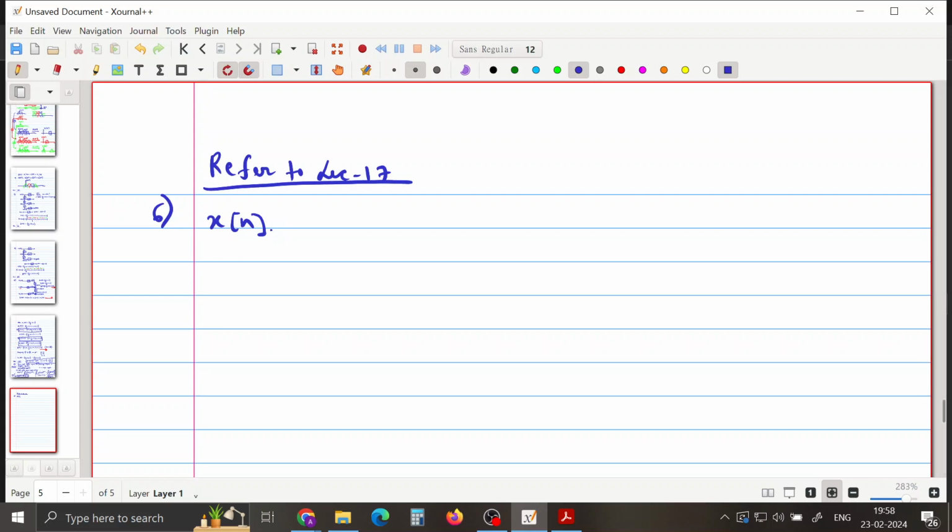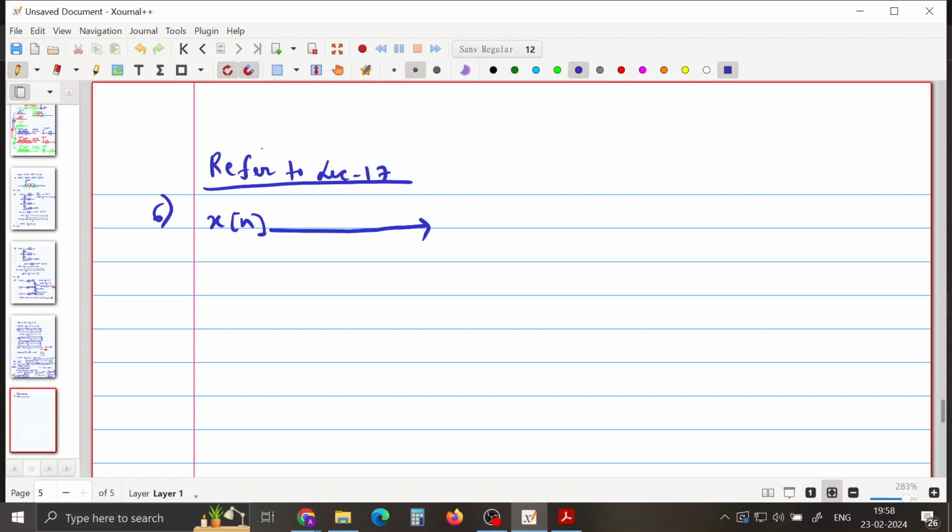X of n. So this is also a filter bank, you see. There is a first incoming branch like this.